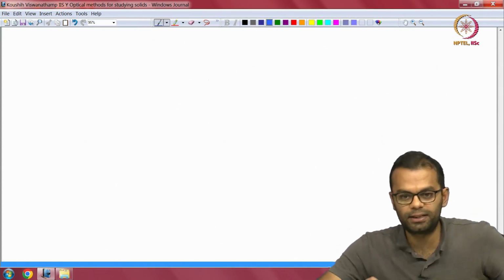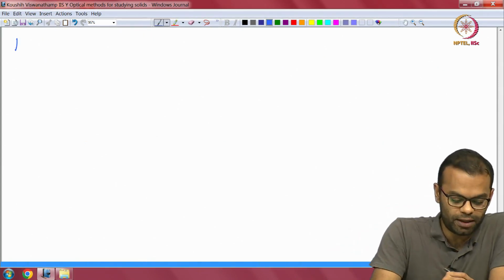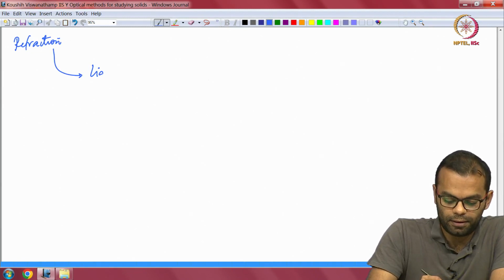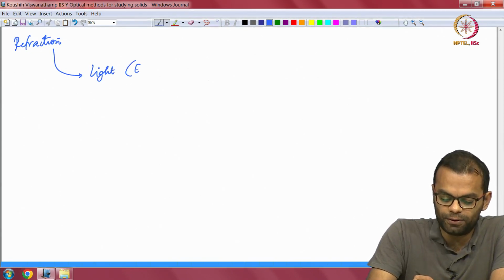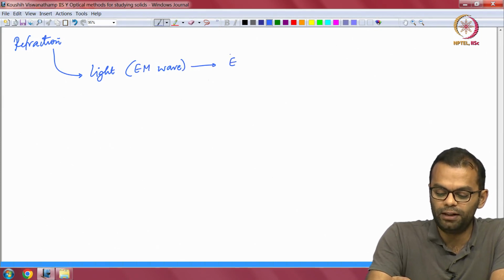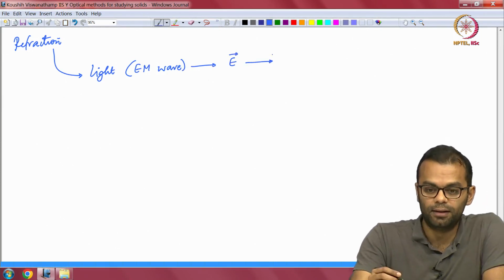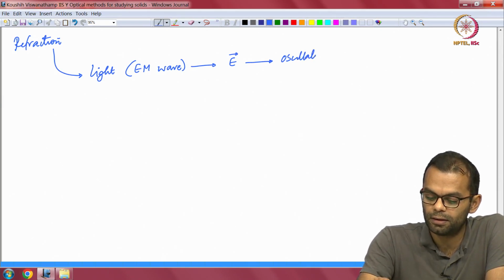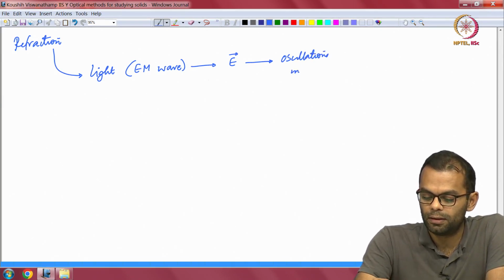Okay. So, now if we summarize what we have seen so far, refraction basically comes because you have light, which is an EM wave of course. So, it has an electric field, and the electric field causes oscillations in electrons.